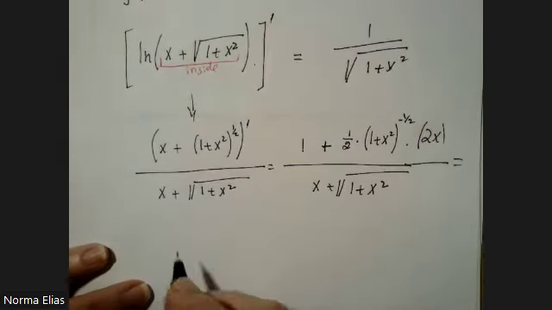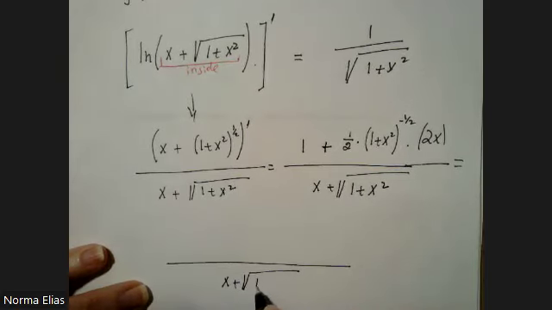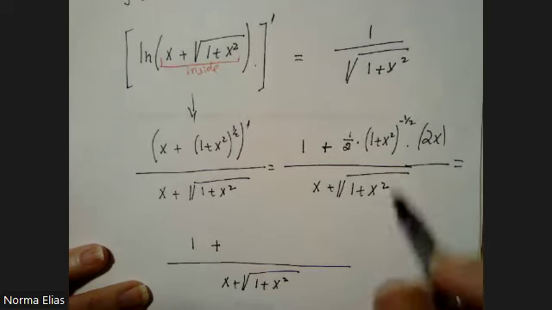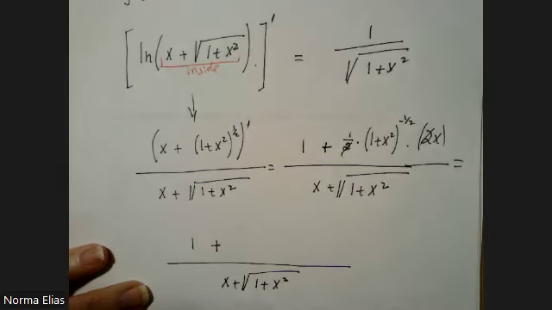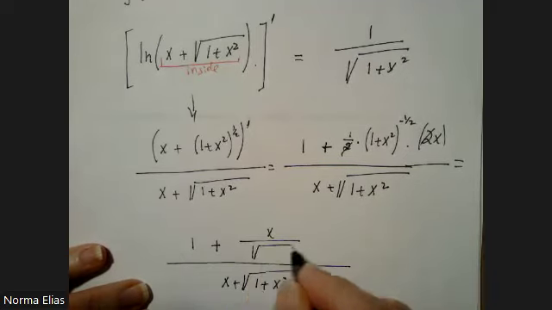So finally, this is equal to x plus the square root, and this would give me 1 plus, 2 and 2 cancel each other out, and this would give me x over the square root of 1 plus x squared.